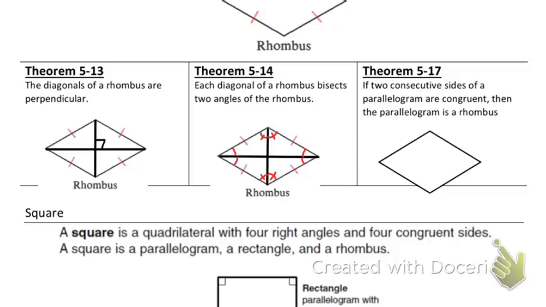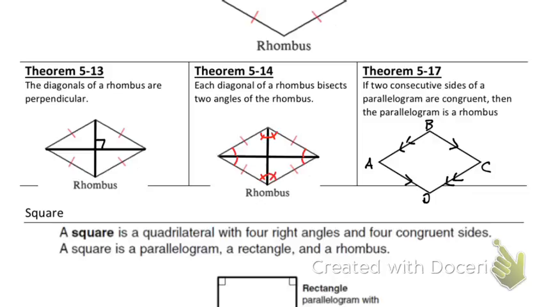All right, the very last one says, if 2 consecutive sides of a parallelogram are congruent, then the parallelogram is a rhombus. So let's say I have a parallelogram, and let's call it ABCD.